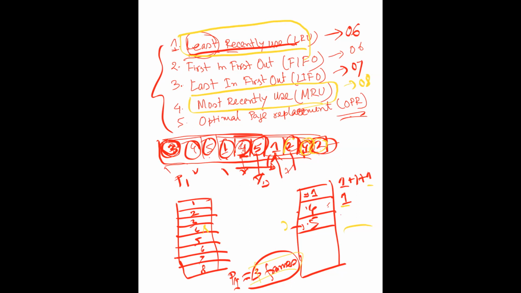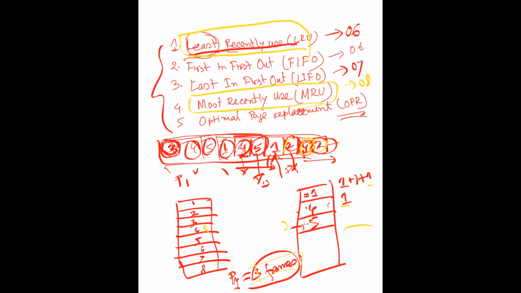And then the CPU asks for this data, page 2. Page 2 is not currently available inside the RAM. Then what will optimal page replacement do? It will look at the near future, to see which pages will be accessed by the CPU. Here you see the CPU will try to access page 4 and page 2.